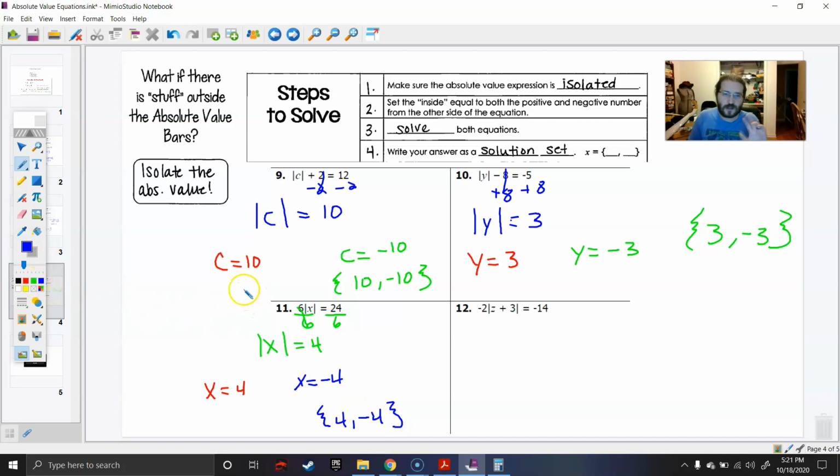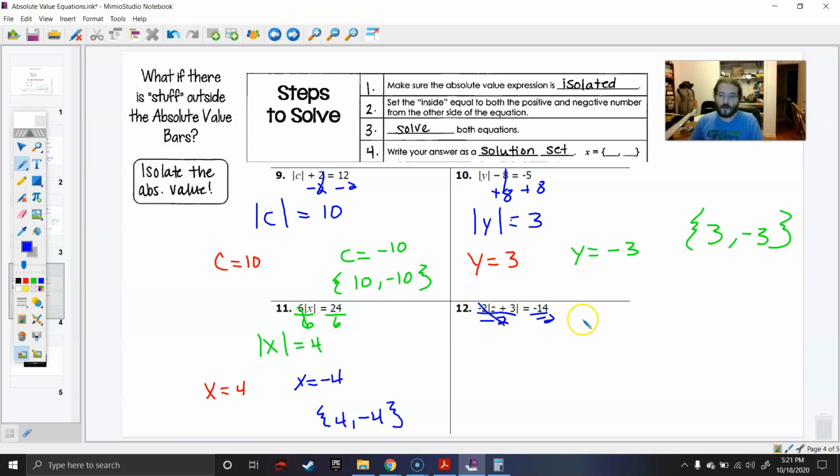All right, so the big thing is that we got to be able to isolate our absolute value, and then we just split those into 2 and then solve for our x or our variable, whatever letter it is. So this one we're going to divide by negative 2.